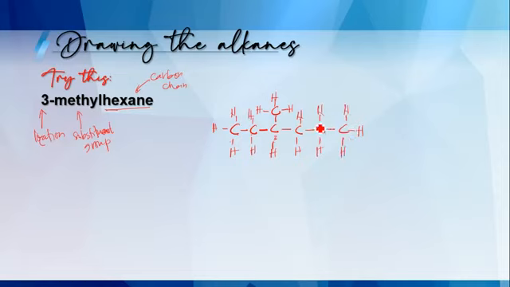So make sure all carbons have 4 bonds, even this one. 1, 2, 3, 4. So this is basically the structure for 3-methylhexane. Hopefully with the example I've shown you just now, you can get the idea of how to draw from a name.